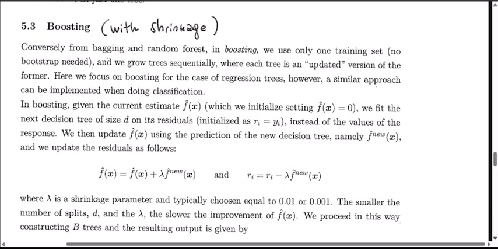At the end of the day, we're going to settle for a particular one. But each tree is an update of the old one, which means when we are updating, we are correcting the previous error. Here we focus on boosting for the case of regression trees. We can apply the same approach to classification.